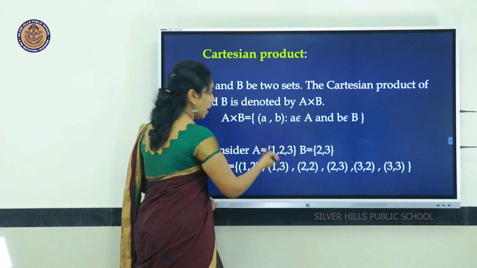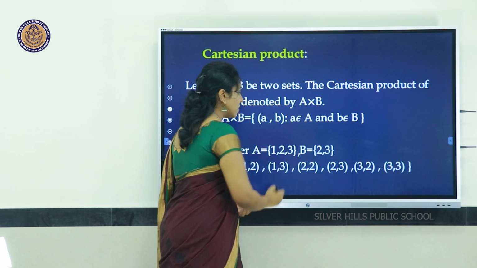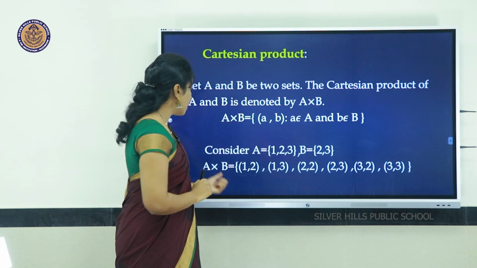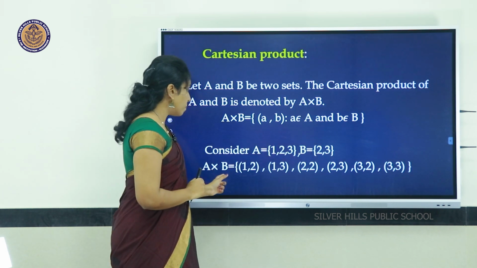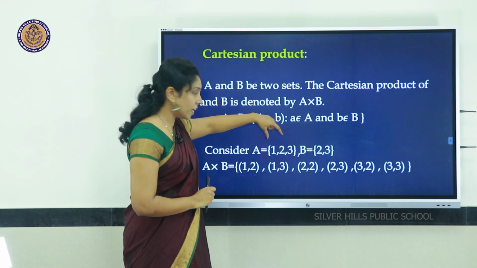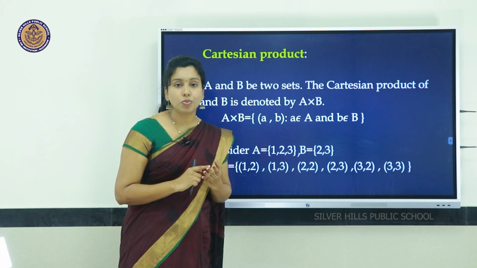Now I have given one example here. Consider set A equal to {1, 2, 3}, and you have another set, say B equal to {2, 3}. So how do you find the Cartesian product of A and B, children? A cross B is equal to, just fix the first set, that is A. How many members are there? 3 members, 1, 2 and 3.